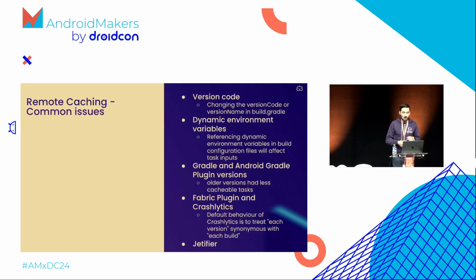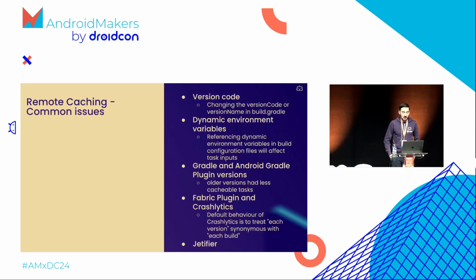These environment variables in the build's configuration file itself can change between different executions. So for example, if you are using something that is specific to the machine that is running the execution, if you are getting another machine, that would make the execution itself uncacheable and would always need to rerun that specific task.